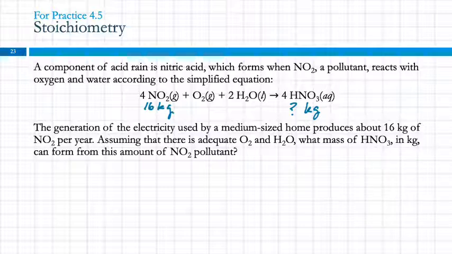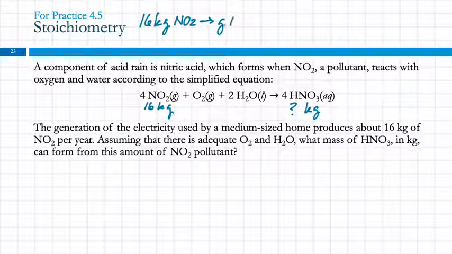I'm going to write the path at the top this time. So 16 kilograms, what's our thing we chant? Grams to moles to moles to grams, right? Well, this is kilograms. There's a couple of different ways we can handle that. But can we convert kilograms into grams? Sure we can.